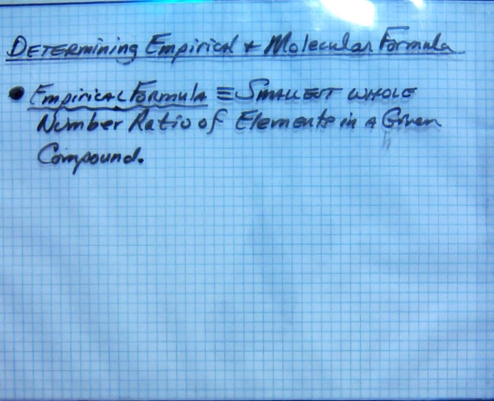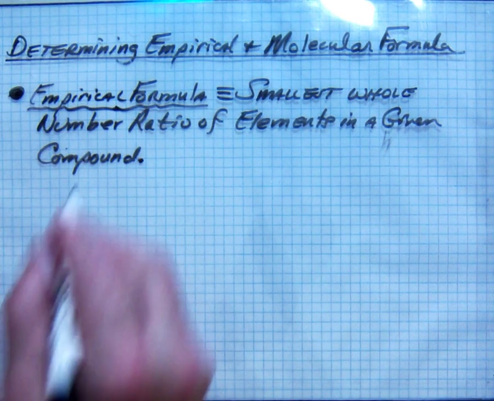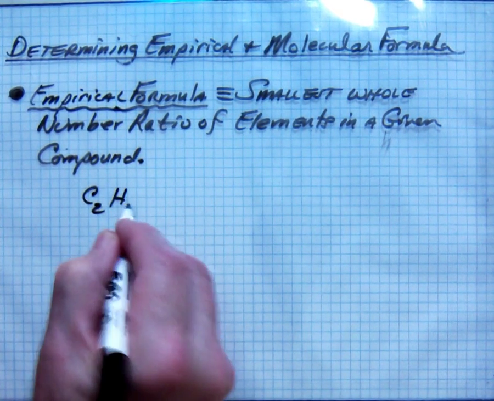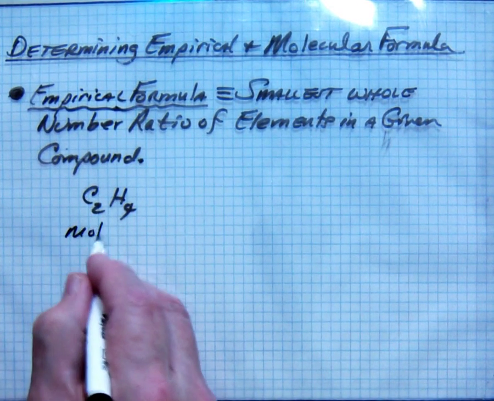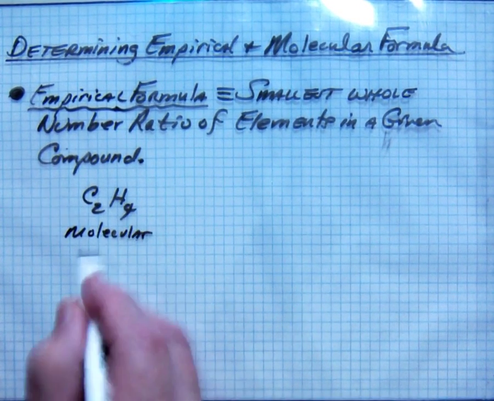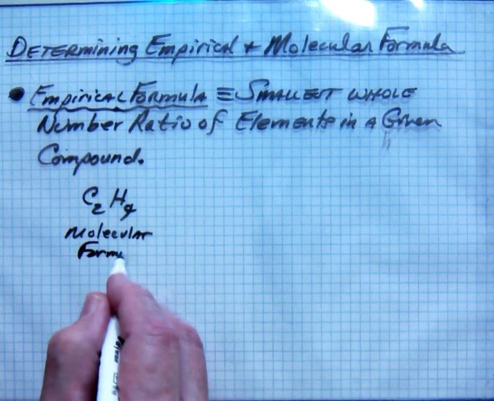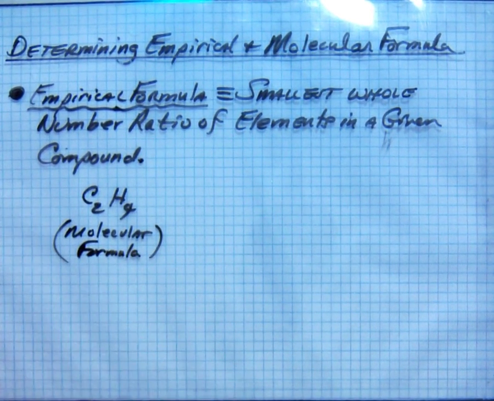There are compounds, for example, ethylene, C2H4, and it's a molecular formula, in that it has the actual number of elements in it.